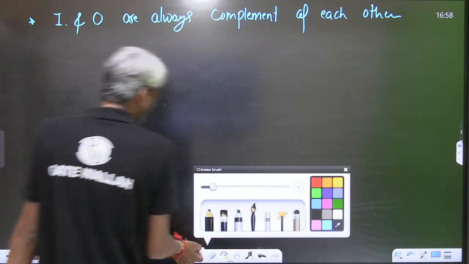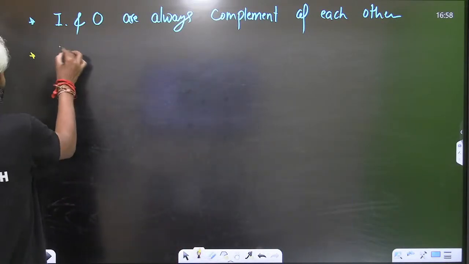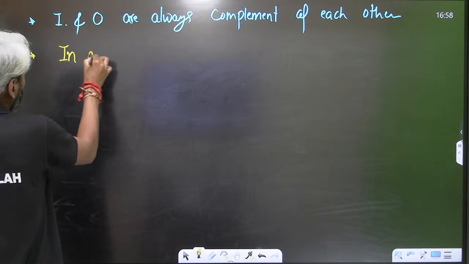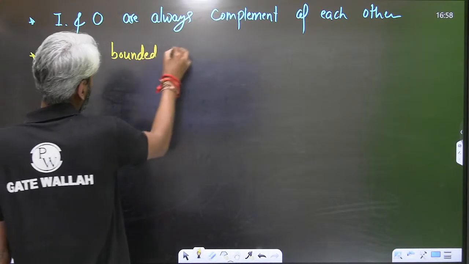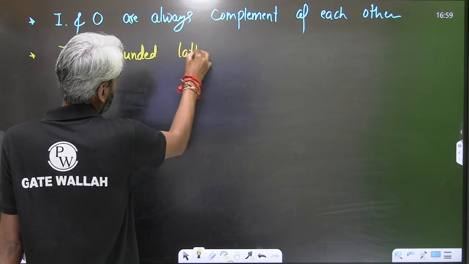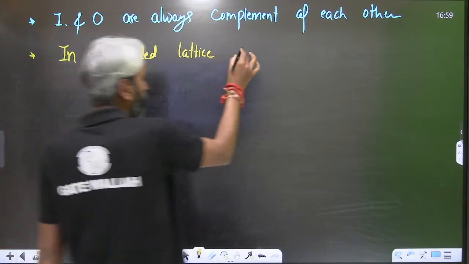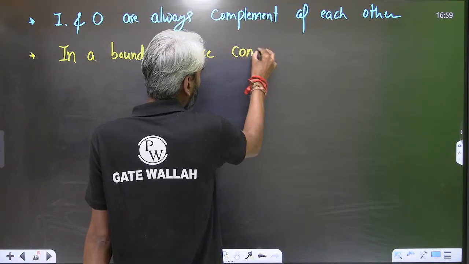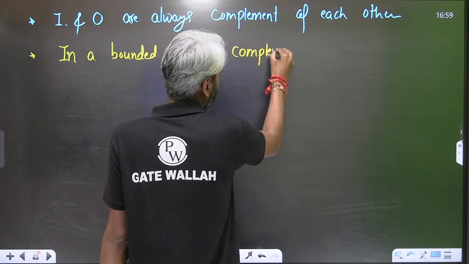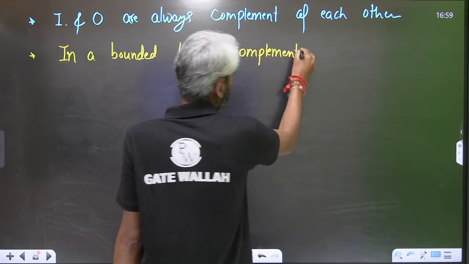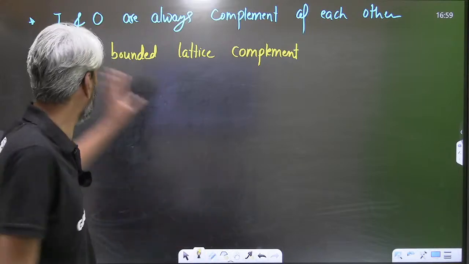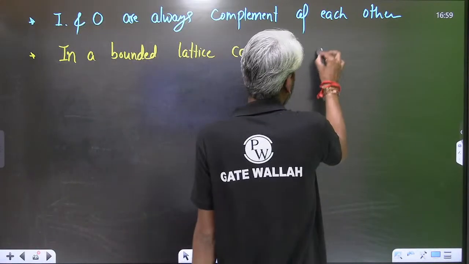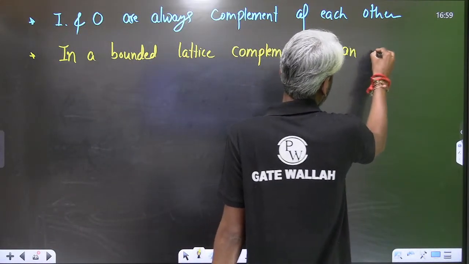Now, please try to understand. In a bounded lattice, the complement of an element need not exist. When I say it's a bounded lattice, does it mean that the complement of every element will exist? No, it is not necessary.